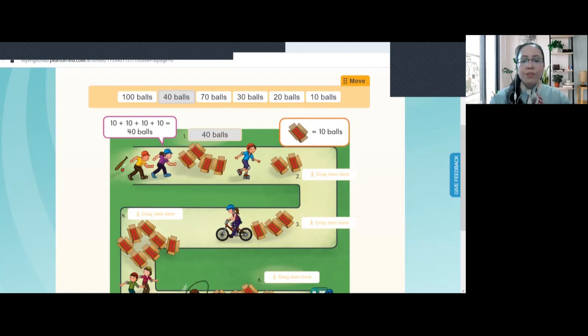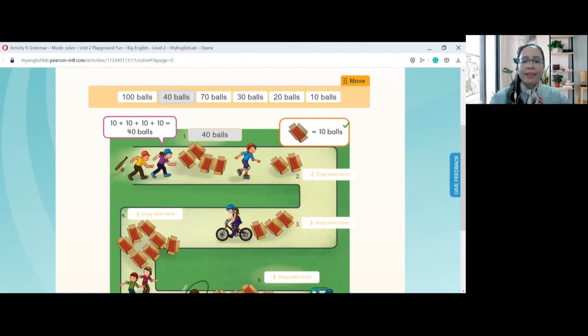Number 2, yeah, there are 2 boxes. Each box has 10 balls, yeah, like it has provided here. Since number 2 has 2 boxes, so I have to count 10 plus 10 equals 20 balls. So you have to write there, yeah, using the numbers.